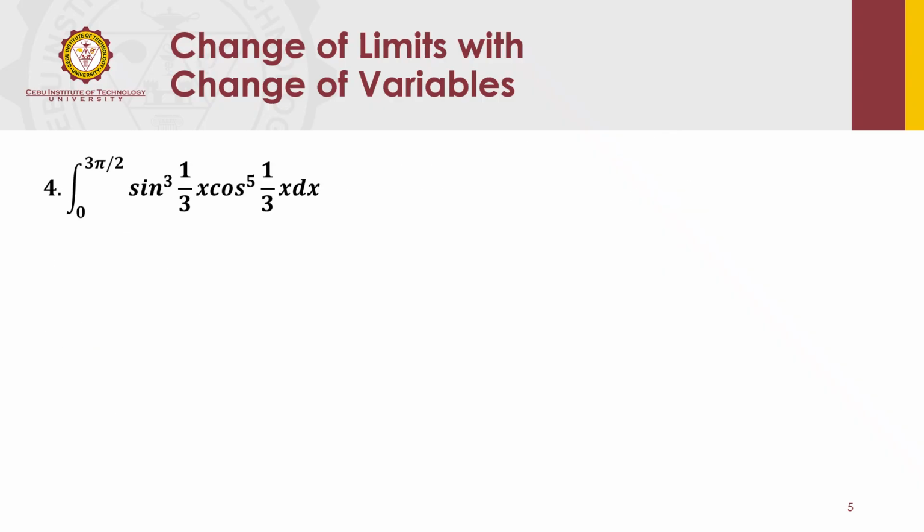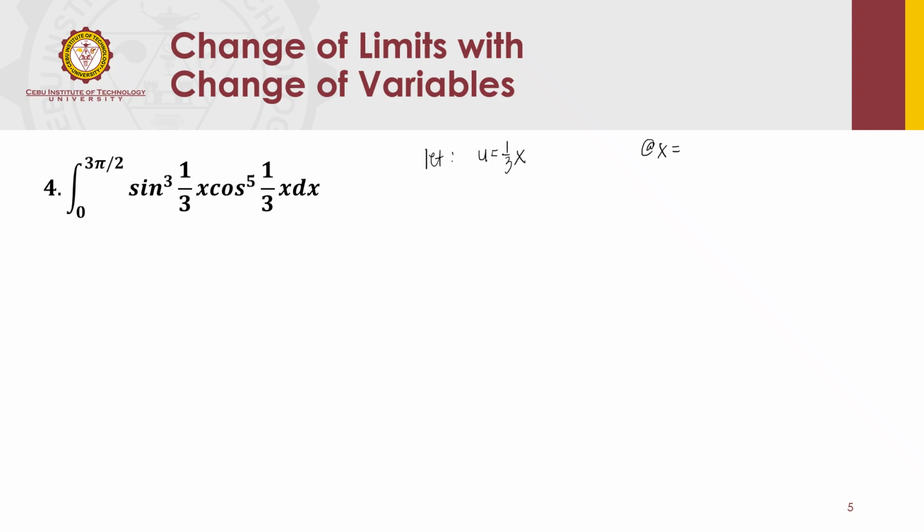You can also use the Wallis formula for this next example, because if we let 1/3 of x be our u, there's no problem with the lower limit, so I will not show the lower limit transformation because it's still 0. 1/3 times 0 is 0.